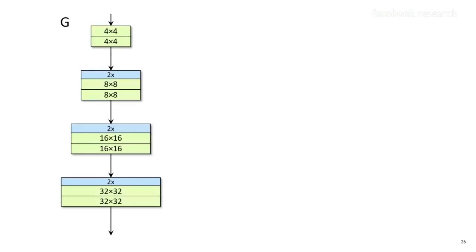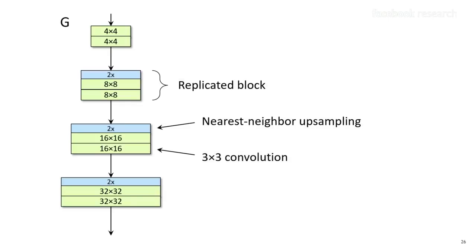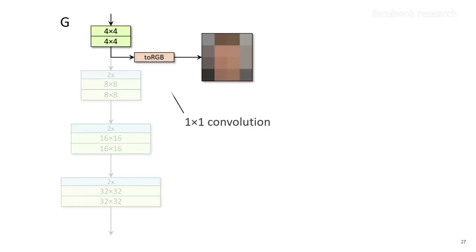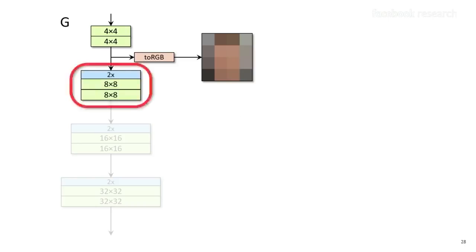Our generator is made up of these replicated blocks that consist of upsampling and 3x3 convolutions. We can extract a low-resolution image out of the network at any point by passing the activations through this 1x1 convolution. When we want to increase the resolution, we cannot go and add the new layers just like that, because they are completely untrained, and doing so would cause a sudden shock.